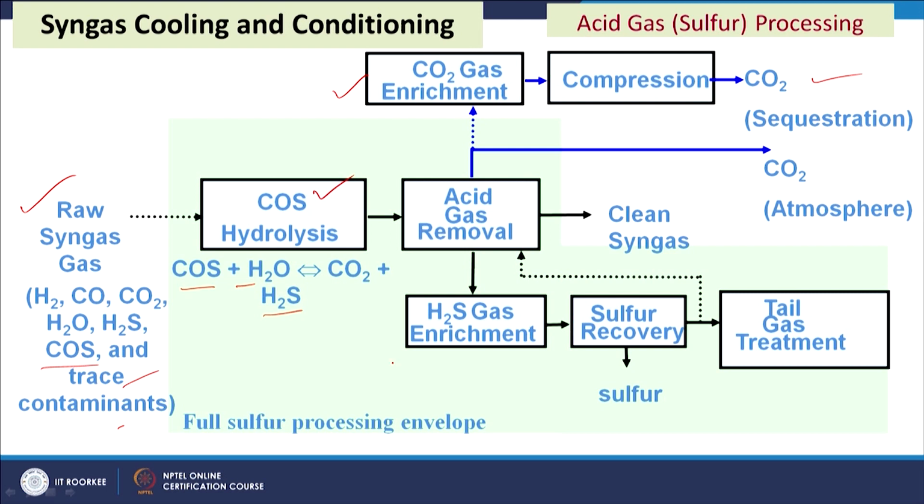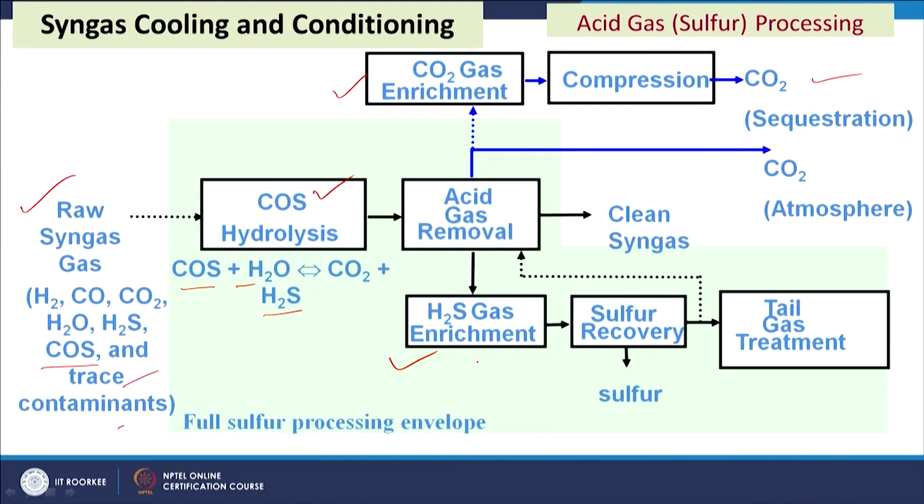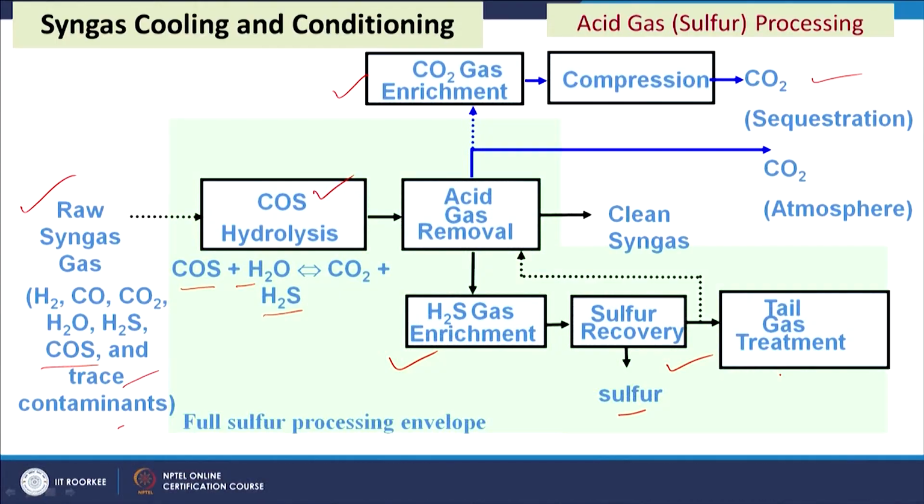We can selectively remove and enrich the H2S, and after selective separation we can use this gas for sulfur recovery and get sulfur, and once we get sulfur we can produce sulfuric acid. After removal of sulfur or H2S we can go for further treatment of the tail gas. So, this is the flow sheet for acid gas removal, but now we will see how this can be done.